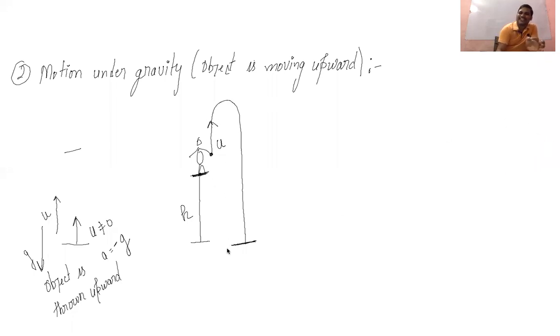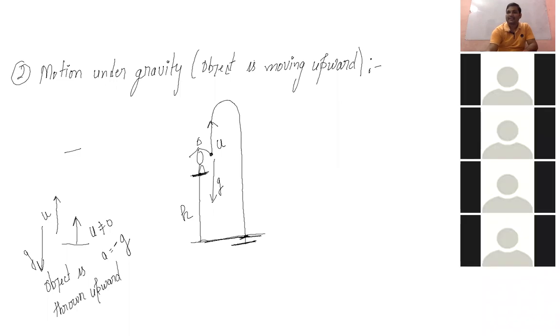How will you solve it if someone asks you to find the time to complete the journey, or the time to reach the bottom? In this case you need to be very careful. You can see u is acting in the upward direction and g is in the backward direction, so g is going to be negative. Once it reaches the ground, the surface, what will happen in that case?